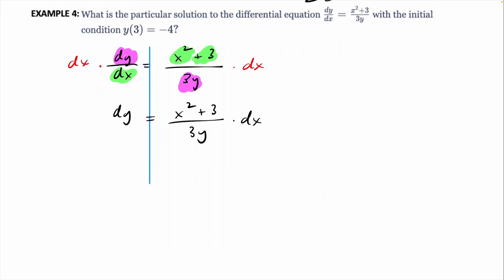Okay, so x's are all on the right. I'm good there. How do I get y's on the left? I got to multiply times 3y. So I have 3y dy equals x squared plus 3 dx.